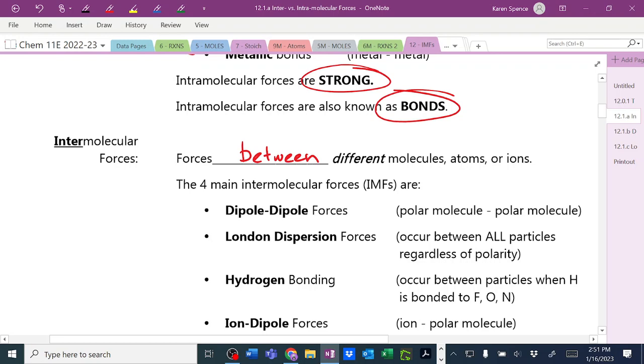I know, right? Well, then there's the van der Waals forces, but van der Waals forces could mean all intermolecular forces, or all intermolecular forces except for ion dipole forces, or dipole-dipole and London dispersion forces, or just London dispersion forces, which is why I don't use the term, because nobody uses it the same way.